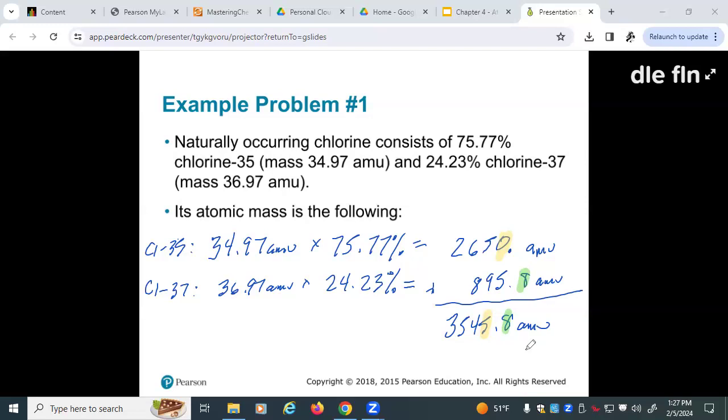I know by rule that I'm only supposed to have 1. So I need to round to the one that's furthest left, the one in yellow. I'm going to round to this digit, which means I'm going to round up, since the 8 here is going to round up. So 3546 AMU is going to be the result of this calculation.